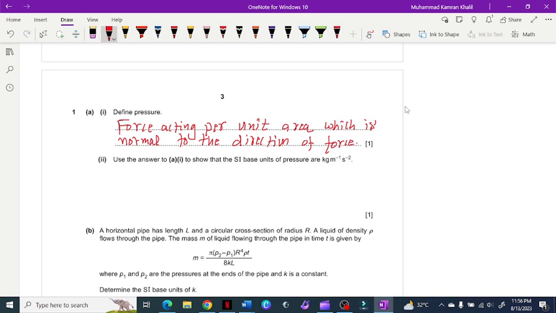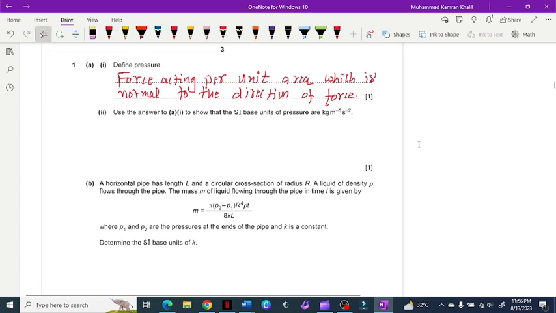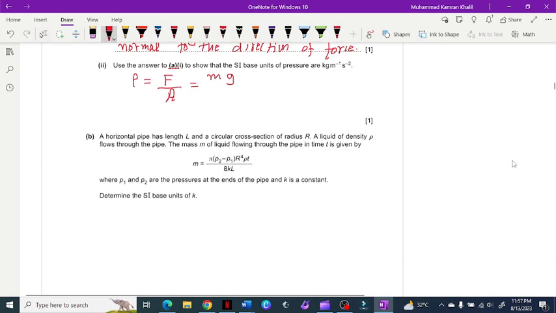Now the next question is that using the answer in A1, show that SI base unit for pressure are kg m-1 s-2. So using the answer in A1, pressure is equal to force over area. Now force is equal to mg and then area is meter square.